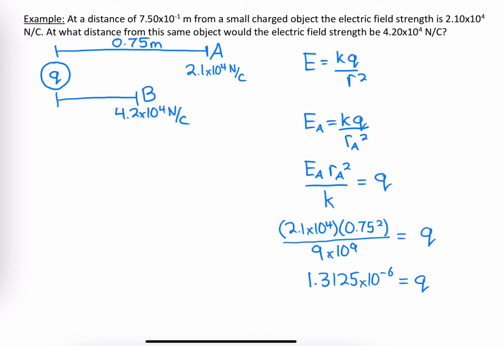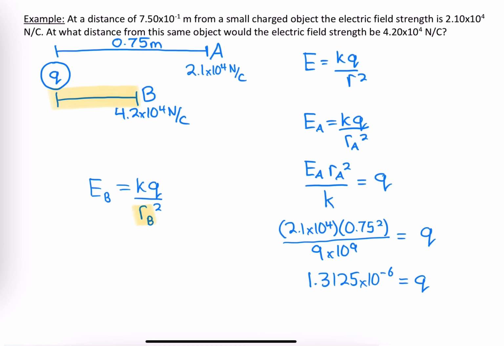Okay, so now let's look at point B, where we know what we want the field strength to be. We just don't know how far away that point is. And here, we're looking for the distance away.